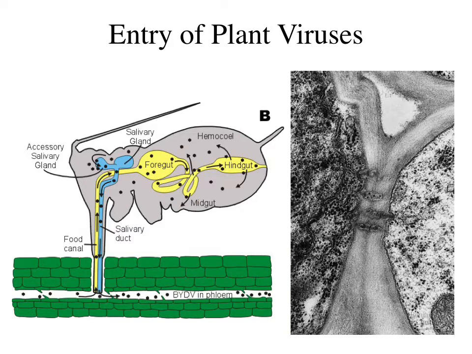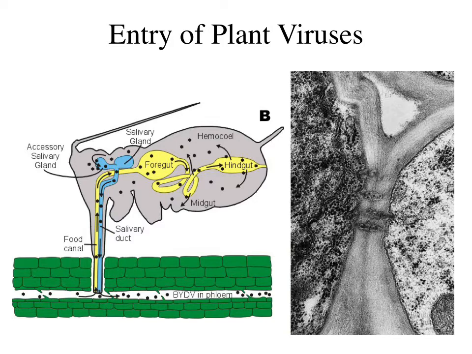Once the virus has breached the cell wall, it can use plasmodesmata to move from cell to cell, and it's carried by phloem, so that you get a systemic infection moving throughout the plant. And in this picture here on the right, you can see two individual plant cells side by side.